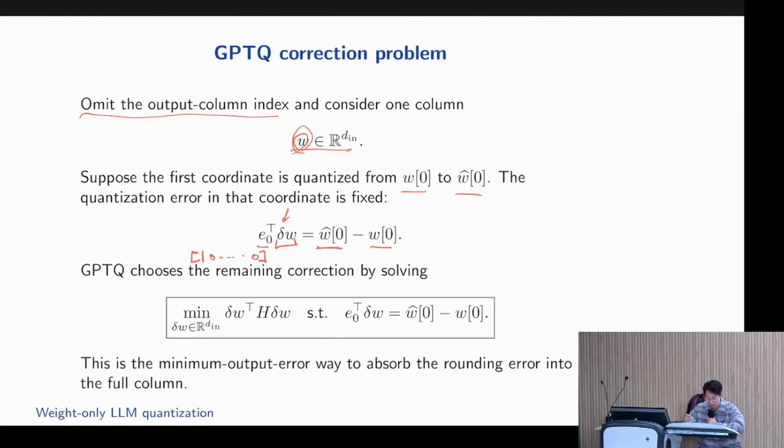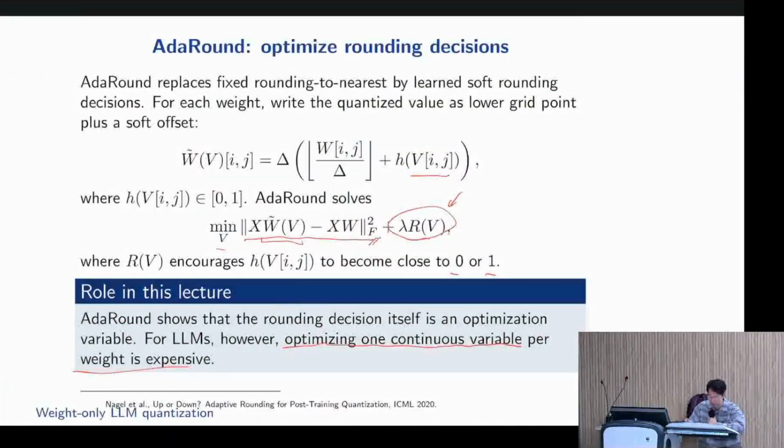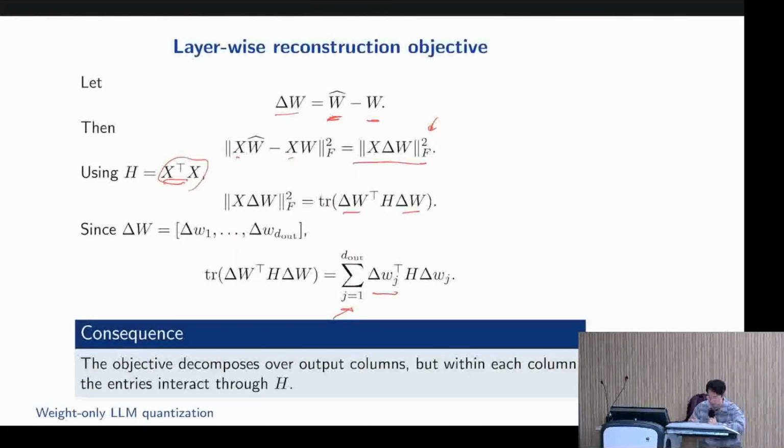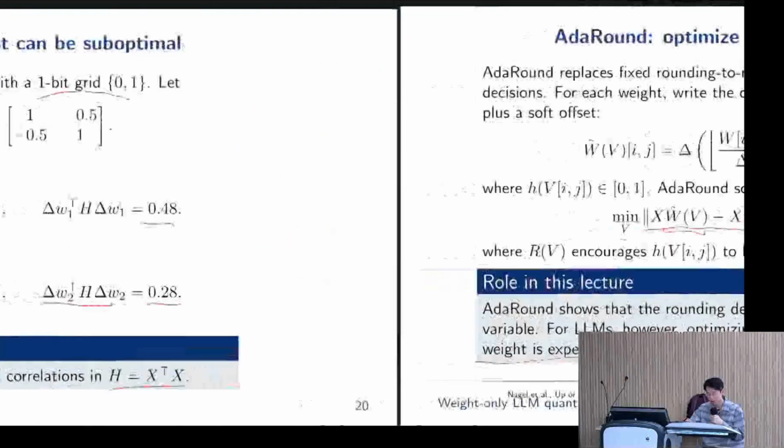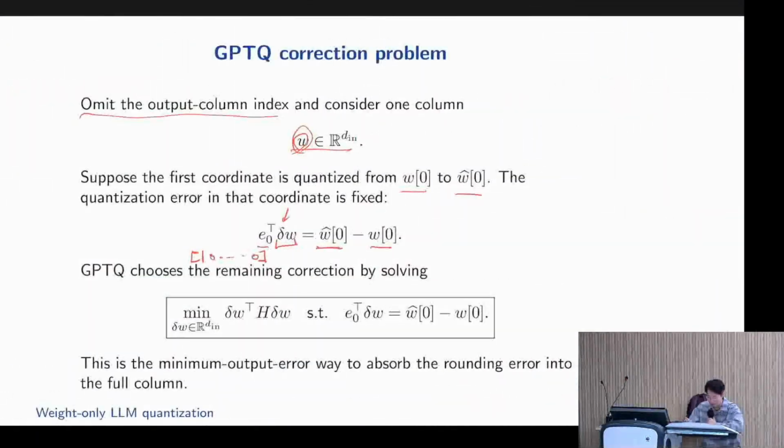Okay, so now the objective. Let's just go back. This used to be our objective: the sum over our output channels of delta WJ transpose H delta WJ. This nicely decomposes over output columns. Since we're looking at a single column, we just need to look at the corresponding entry in the sum. So this is our objective.